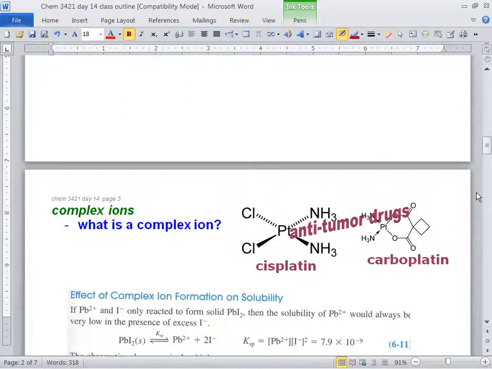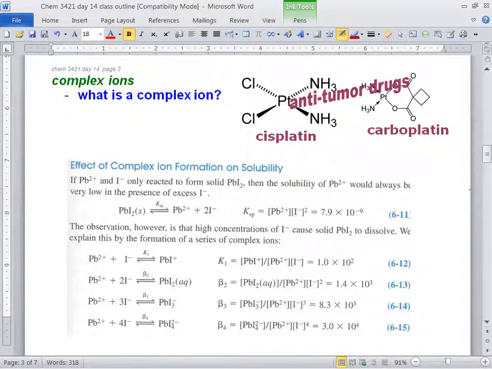Okay. Complex ions. There's a lot of anti-tumor drugs that are complex ions. Okay. Effect of complex ion formation on solubility. I just copied this from the book. Here's a Ksp reaction for lead iodide, the solid going to its ions.